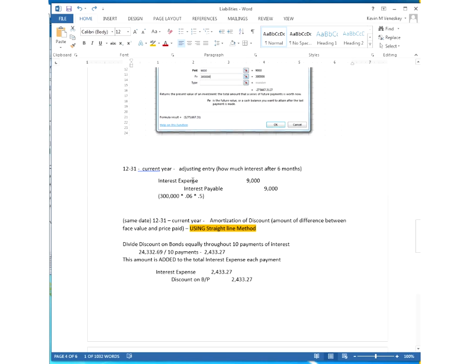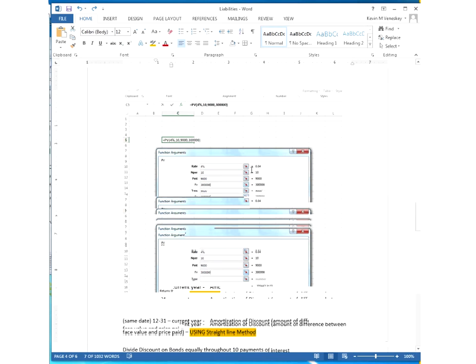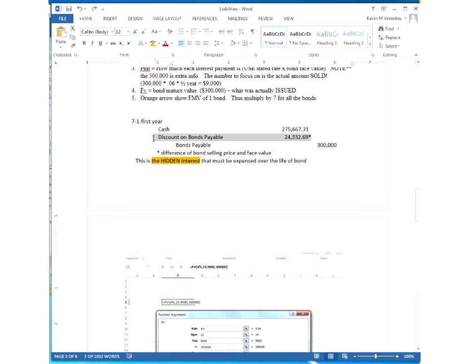So what I'm going to do here is show you and break it down into 2 entries, what we're going to do at the end of the year to show our interest expense. To begin, what we need to do, like I said, is get rid of this dollar amount slowly and add it to our overall interest expense. So we're going to do that in 2 different entries, but then I want you to get in the habit of doing it in one joint entry, one big entry, because that's how they'll do it on the homework as well.